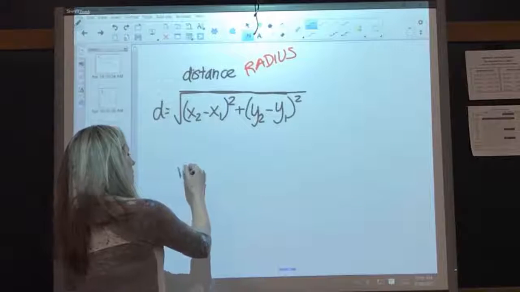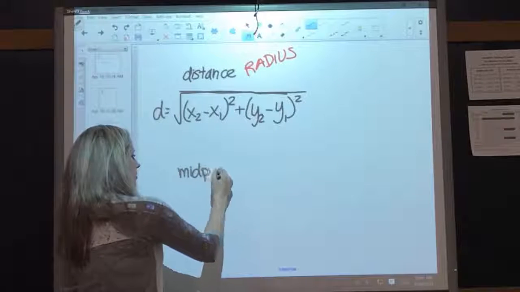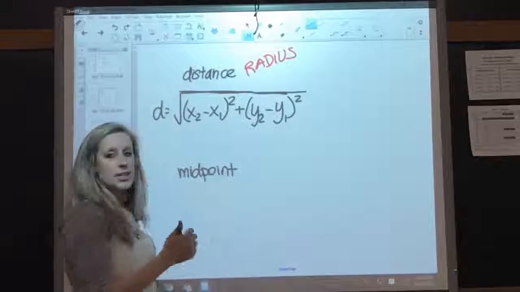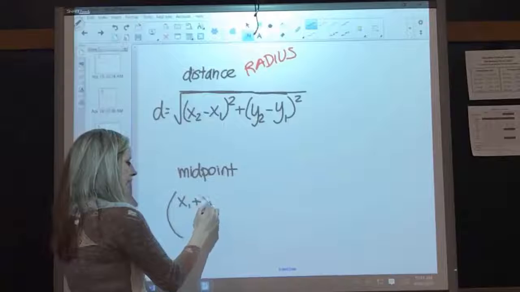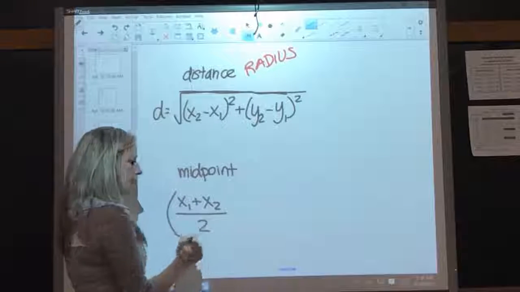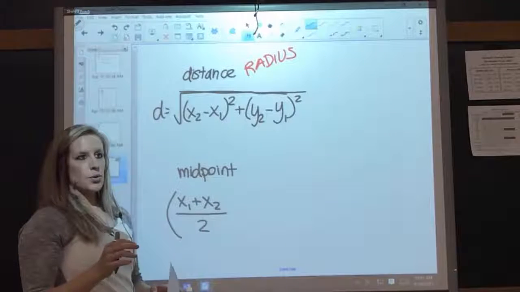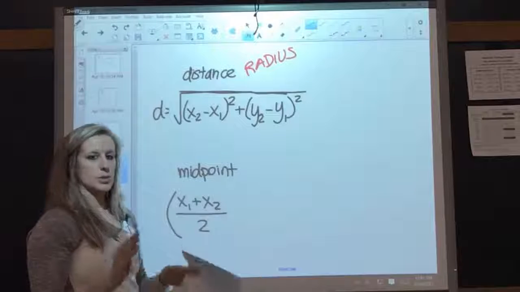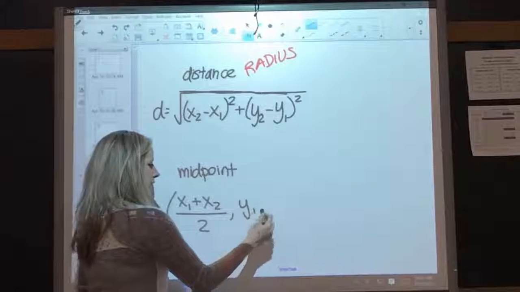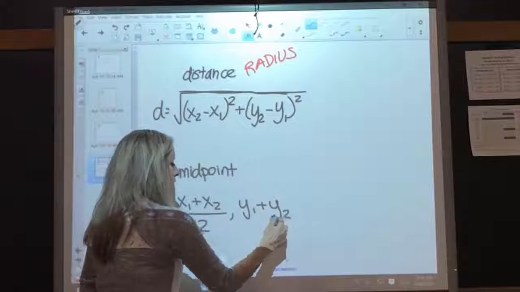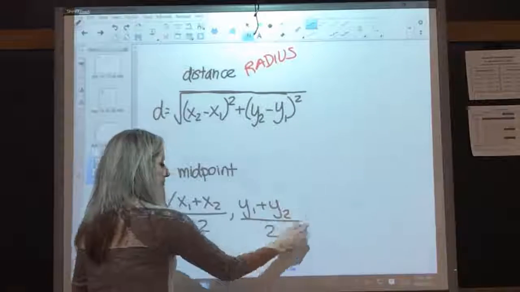Now your midpoint formula, instead of subtracting your x's, we're going to add our x's together and divide by 2. And that's going to tell us where our middle point is between those two numbers. Same with y. We're going to take both y values, add them together, and divide by 2.